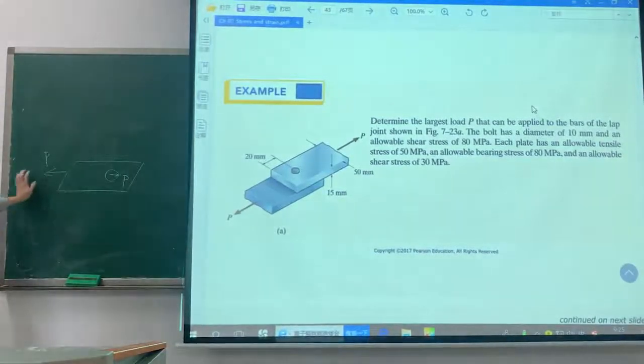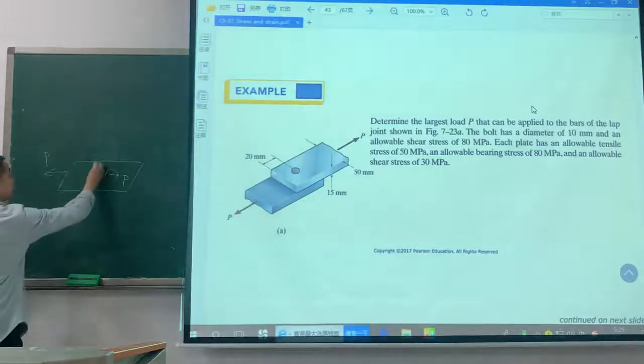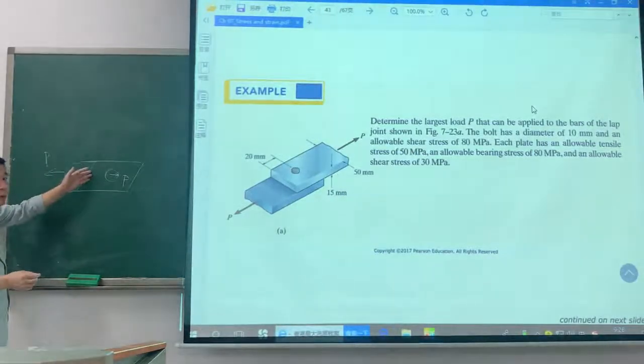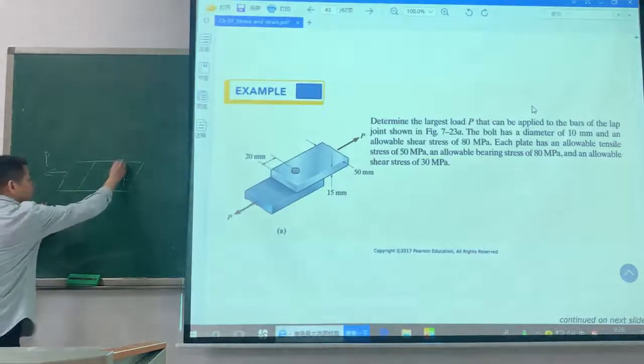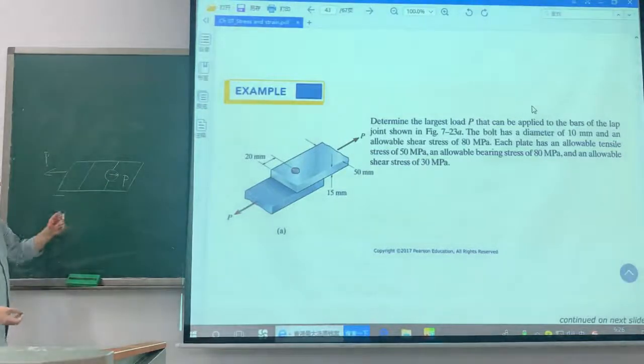So, if the plate will be broken, where is the dangerous cross section? Is it in the first section? No, because the area of this cross section is more than the cross section here. Yes or not?